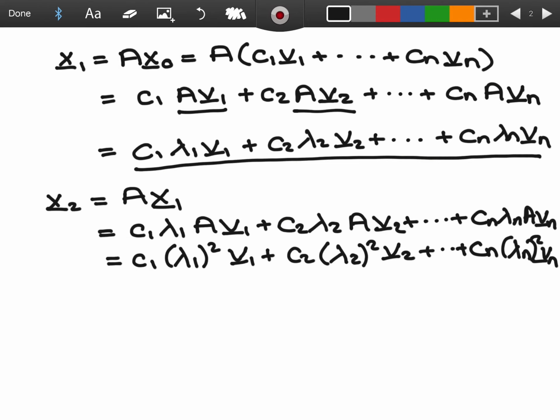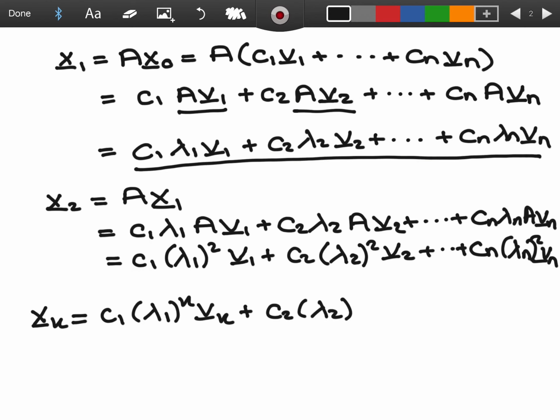So what you actually find is, when you multiply by A over and over again to find the state of this system after k iterations, by multiplying by A k times, the kth state is going to be C1 lambda 1 to the k V1 plus C2 lambda 2 to the k V2, up to Cn lambda n to the k Vn.